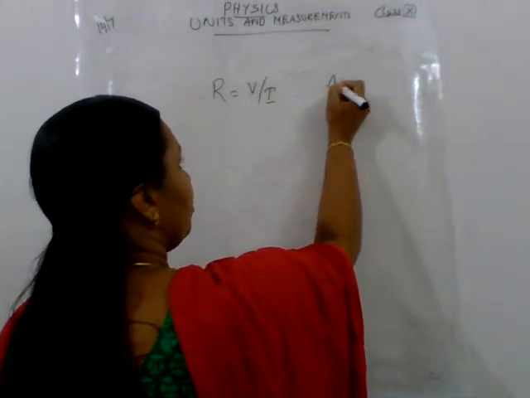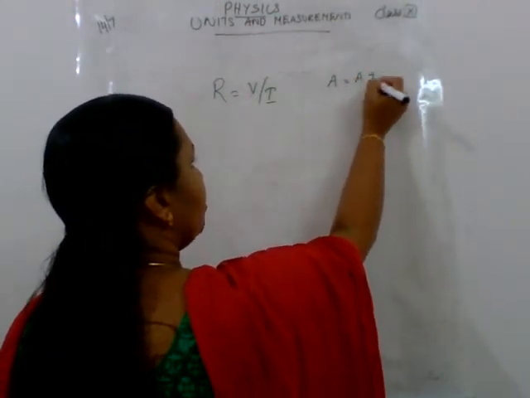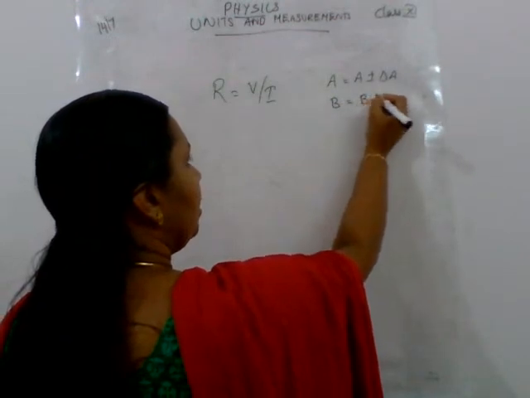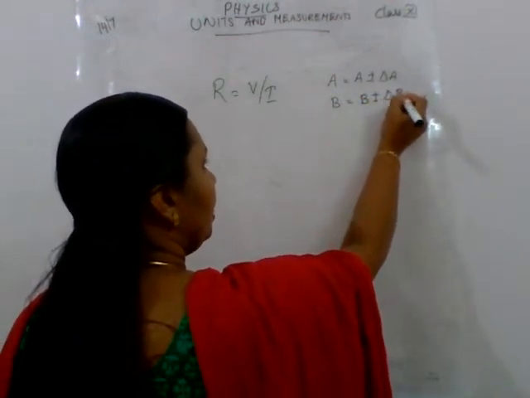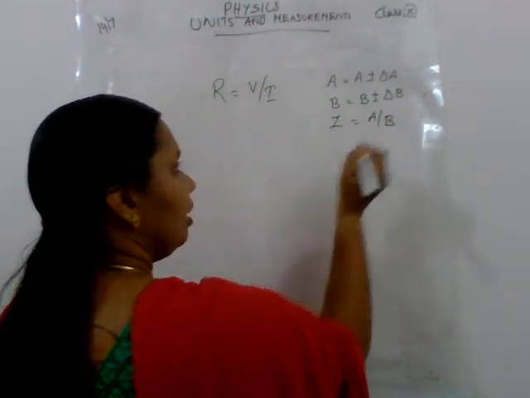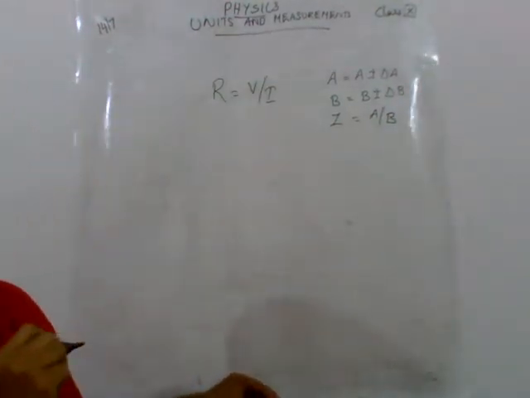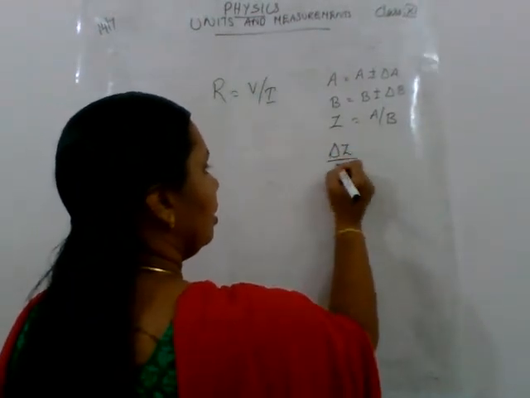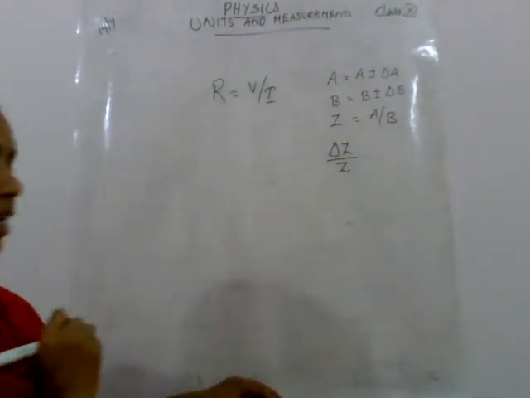If A is equal to A plus or minus delta A and B is equal to B plus or minus delta B, and if Z is equal to A by B, what is it?